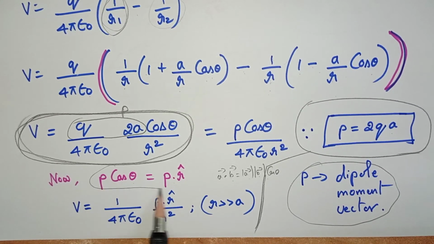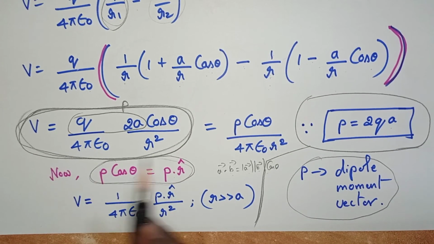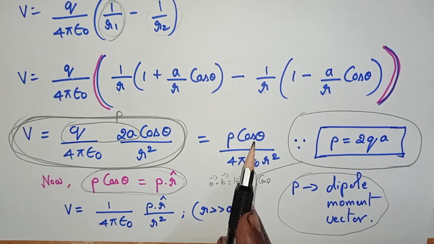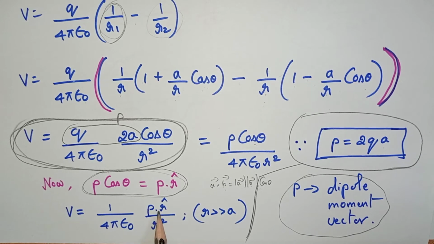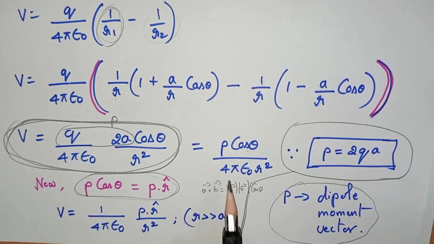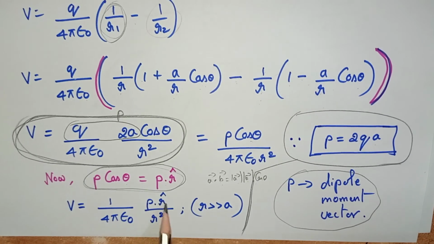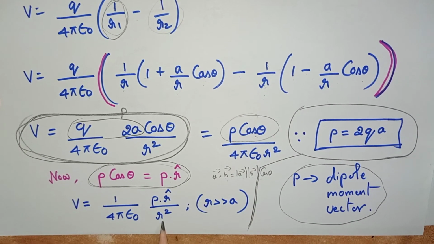This is in vector form; the earlier one is the standard form. So that is 1 by 4 pi epsilon naught, P dot r cap divided by r square.